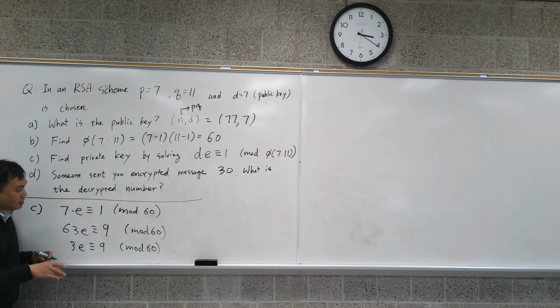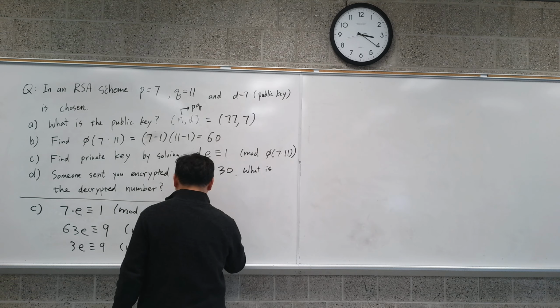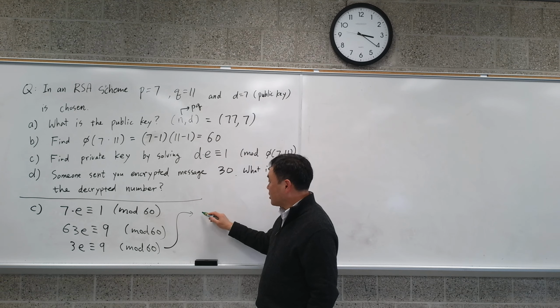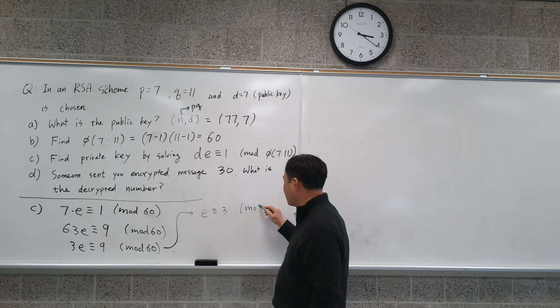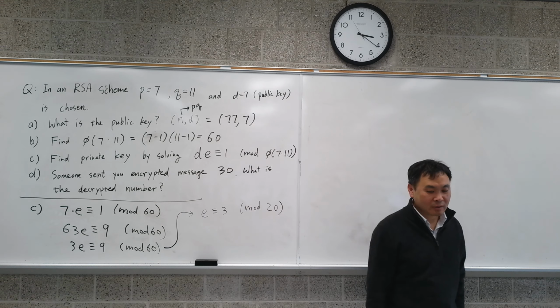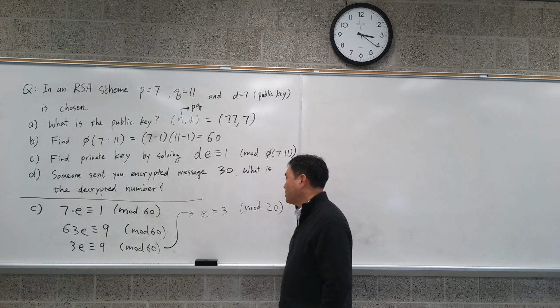The mod has the property that if this is also divisible by 3, you have to divide every one of them. So when you divide everything by 3, you get E is congruent to 3 mod 20, because 60 divided by 3 is 20.